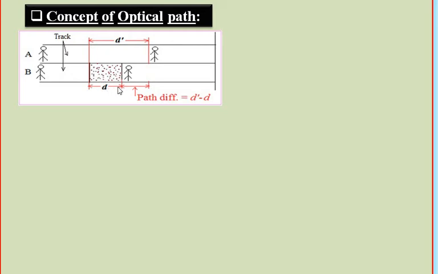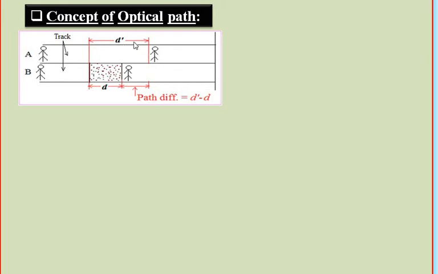Suppose this distance is D, and during the same time the person A covers some distance, say D dash. Due to no disturbance in the path of man A, he covers more distance, and the destination point for both is this.